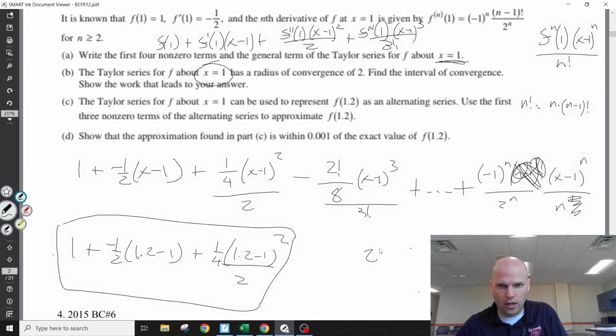So 2 factorial, 1.2, my second degree at 1.2 minus my actual value of 1.2 has to be within 2 factorial over 8, 1.2 minus 1 cubed over 3 factorial.